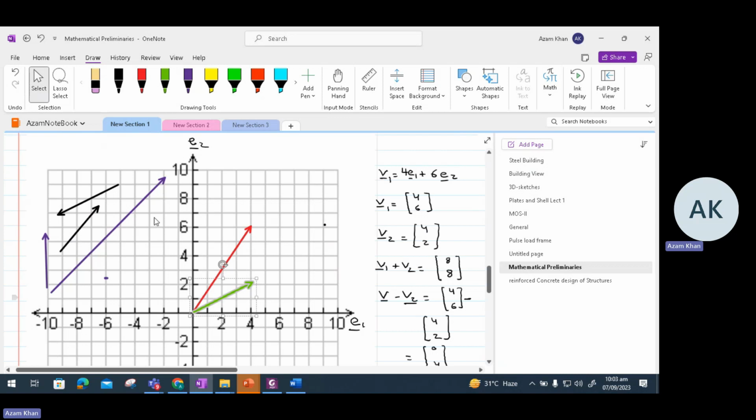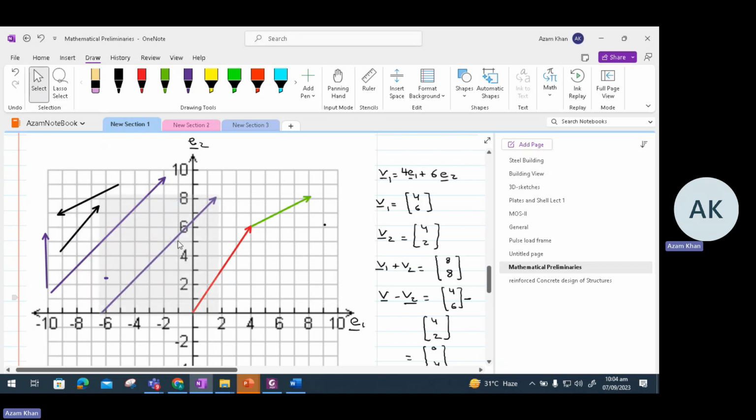So we get a third vector, a resultant vector, which has component 8 in the E1 direction and component 8 in the E2 direction. So graphically, what we are saying is that we take one vector and put the other vector on top of it, and then draw a resultant.